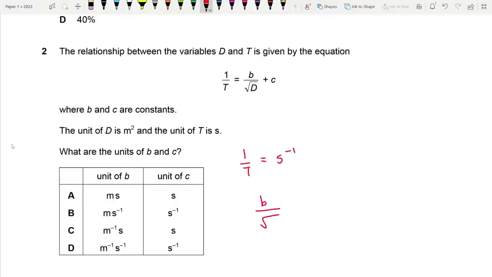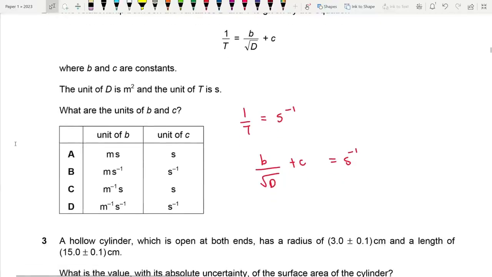So b divided by root d plus c should also be equal to second to the power minus 1. The unit of d is meter square, so this is basically b divided by root over meter square plus c, which is b divided by meter plus c.